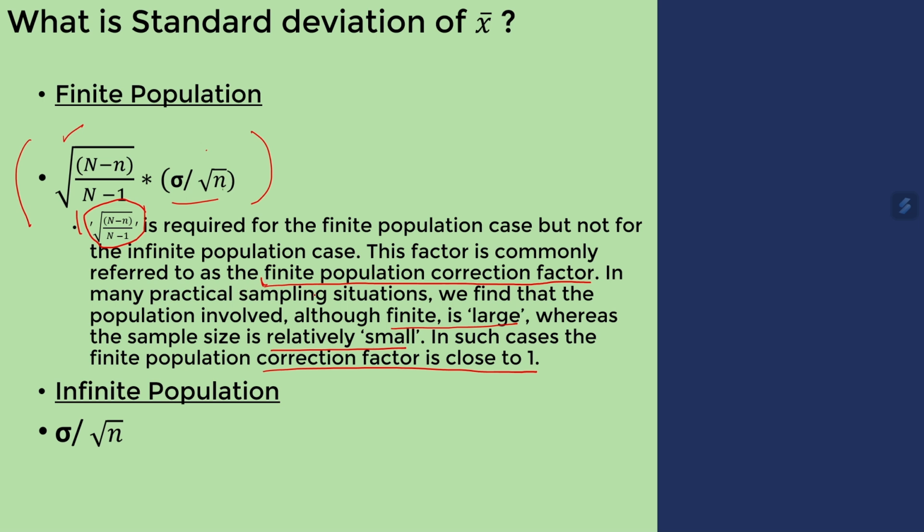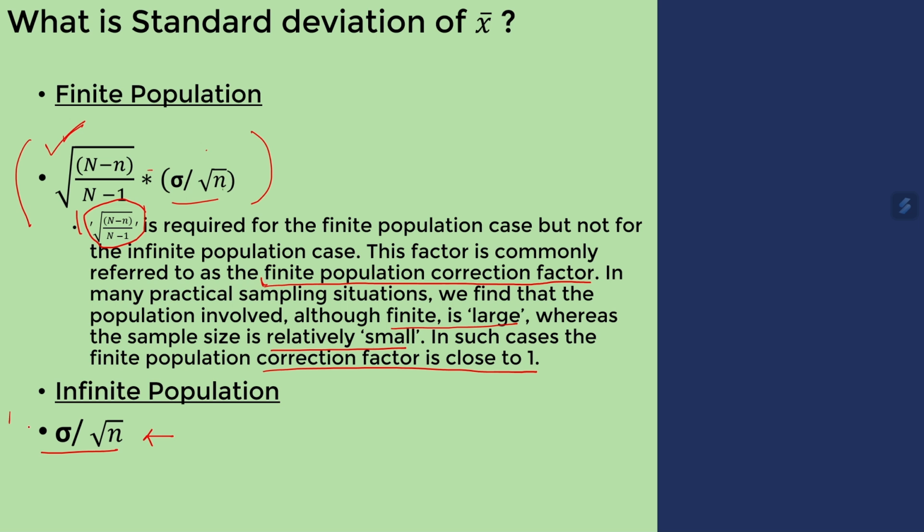So in such a case, this whole thing will come out close to 1. Alright, next. In the case of infinite population, we simply use this formula, which is sigma by root n, standard deviation divided by root n.